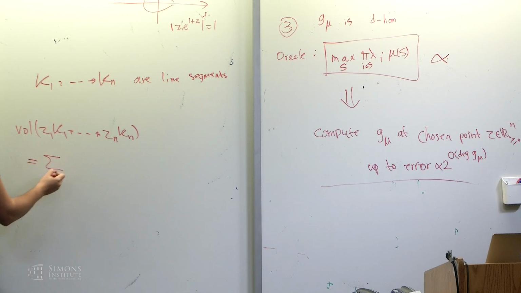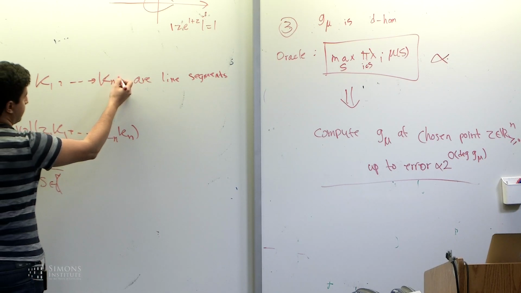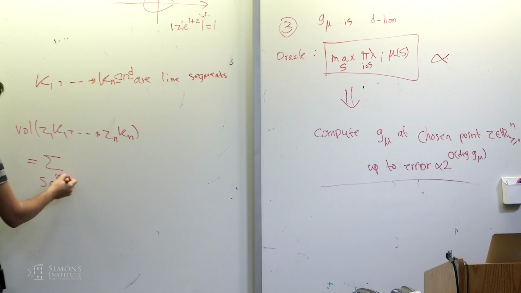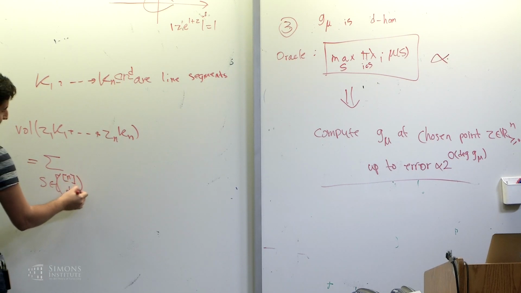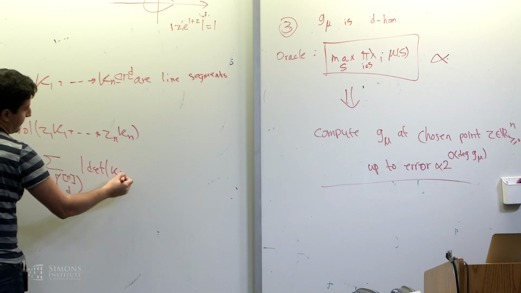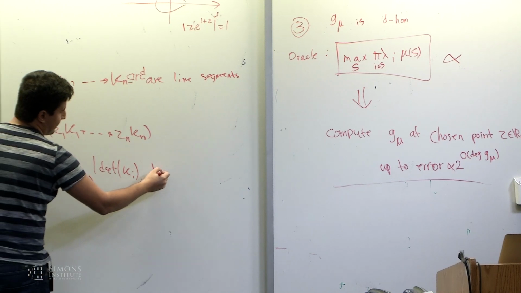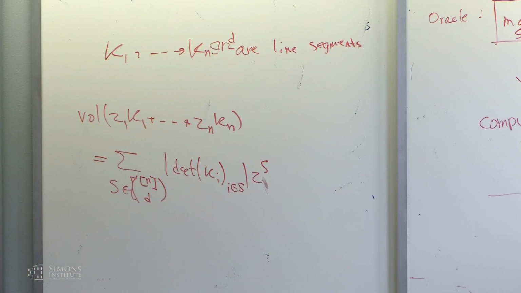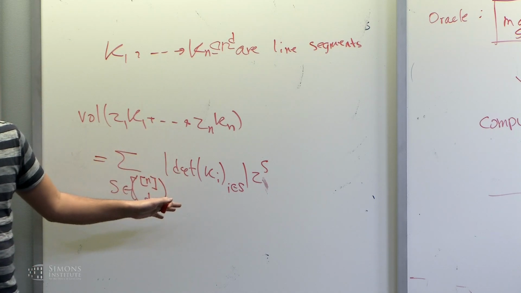This is the sum over all subsets of size D, if all of these are in R to the D, of the absolute value of the determinant of the Ki's in S times Z to the S. These are line segments, so you can think of them as vectors. When you put D of them together, they have a volume or a determinant. You can expand it out like this, right?